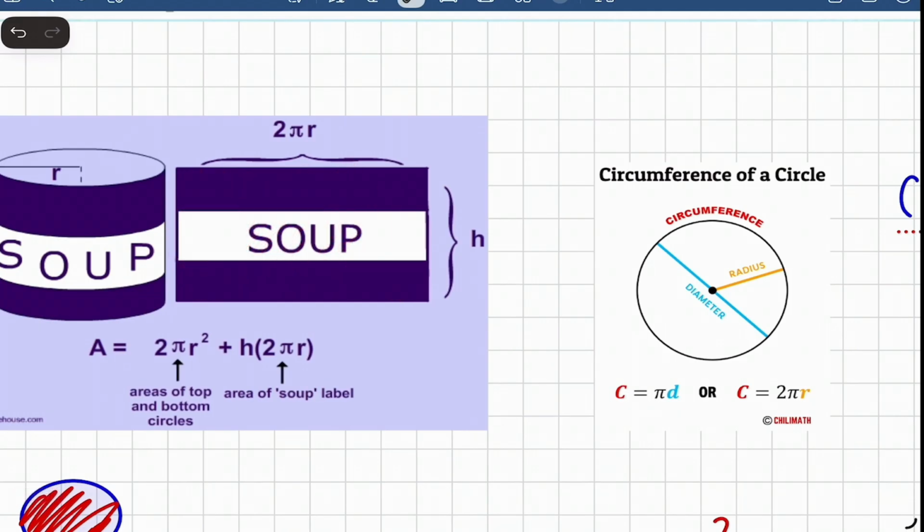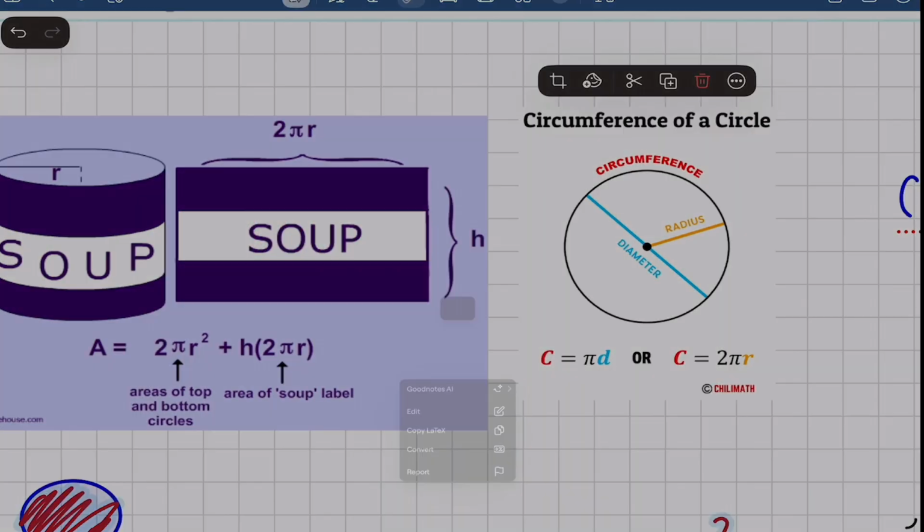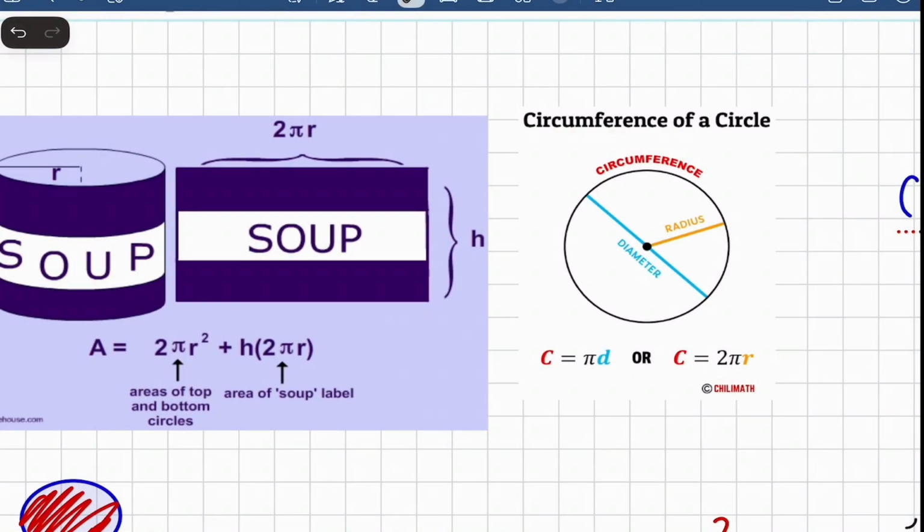So we need to remember the circumference or the perimeter of a circle. It is given by, we have 2 ways to represent this, pi times diameter, or 2 times pi times radius. So the circumference of the circle is the length of the rectangle of the can, or the cylinder. Then obviously, the height is going to be the second side of this rectangle.